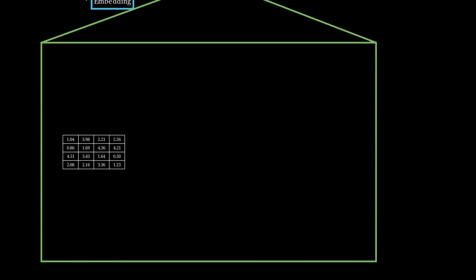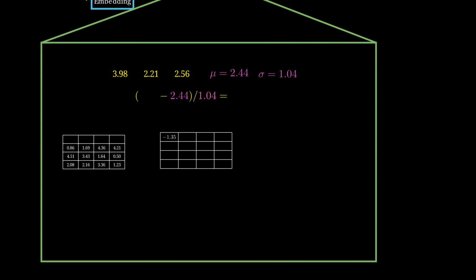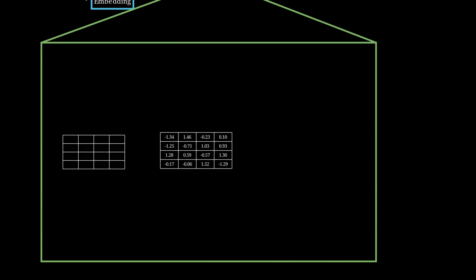And then for each row, we subtract the mean and divide by the standard deviation. So each row now has mean 0 and variance 1.